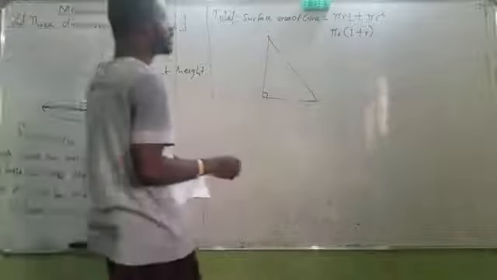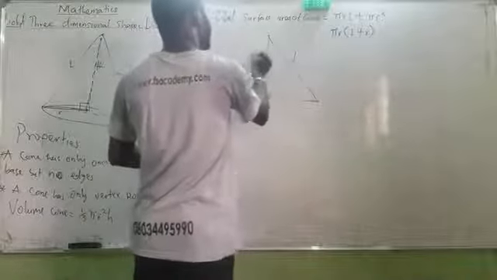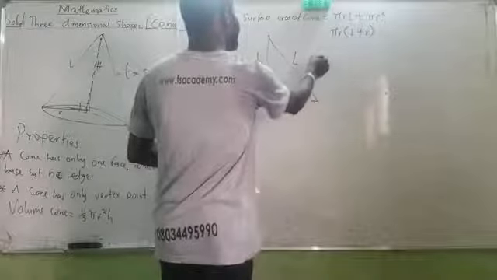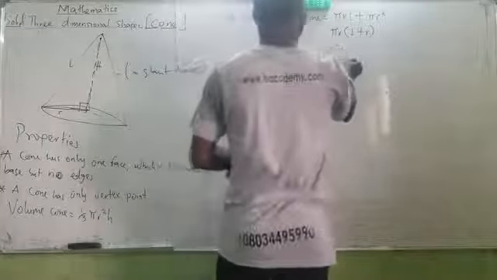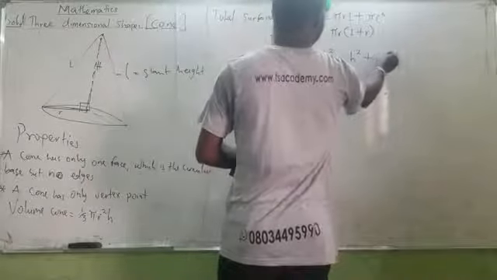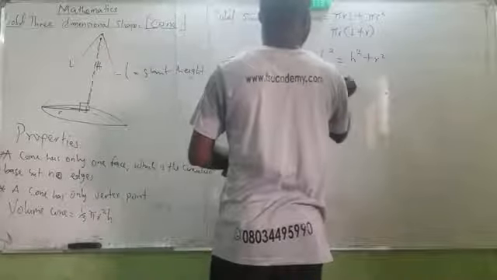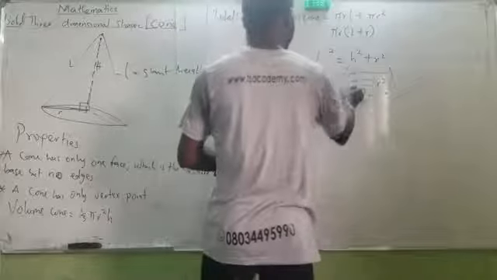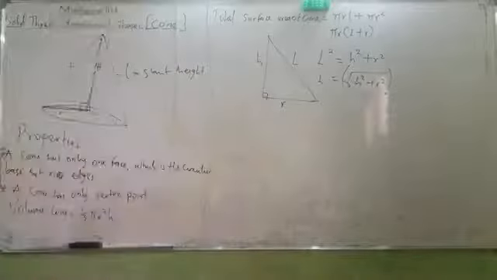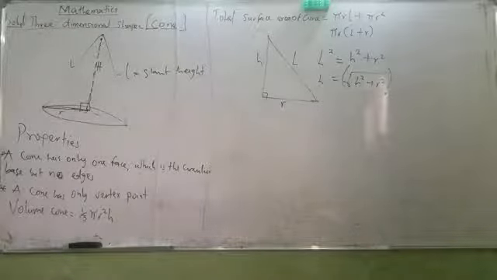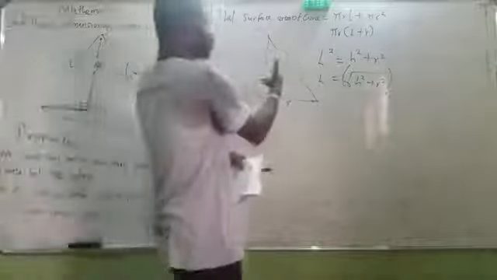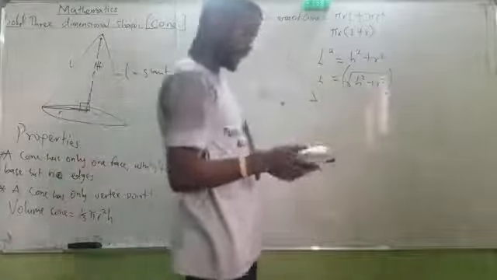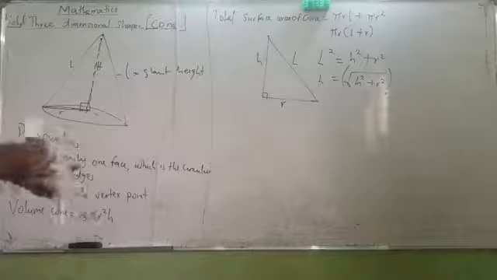It means my slant height squared equals h squared plus r squared. My slant height will be the square root of h squared plus r squared. That's what we need, because some problems will require you to look for slant height. If care is not taken, there will be a big problem at that junction.